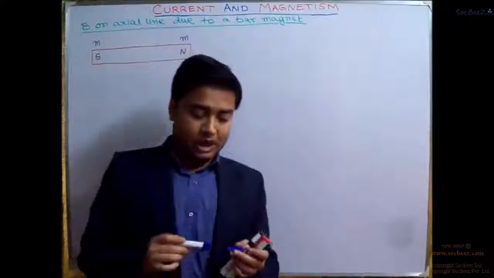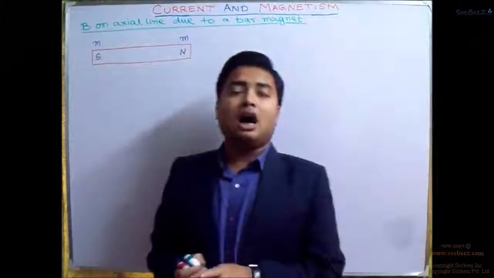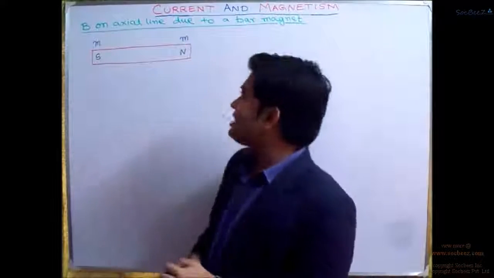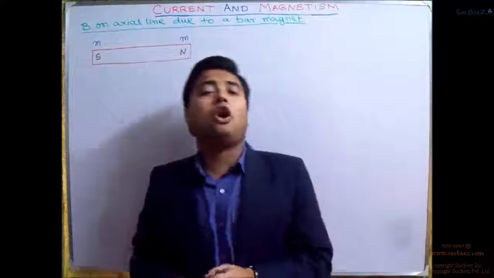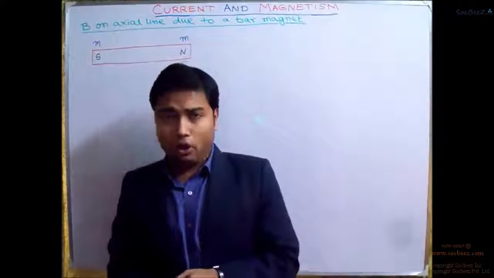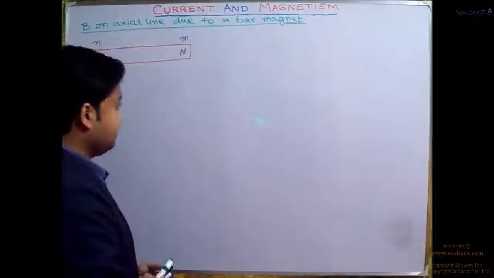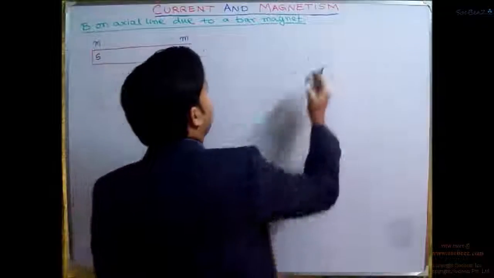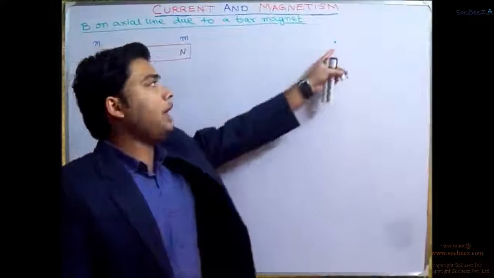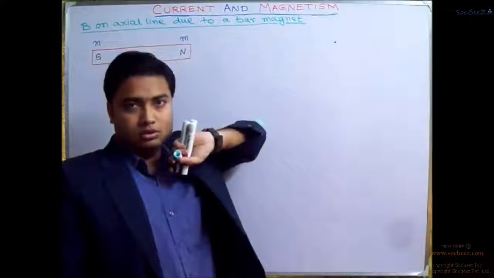Right? Now it may be noted that a bar magnet is basically like a magnetic dipole, because it has equal but opposite pole strength. Why opposite pole strength? Because say for example we keep a point over here, and say this is the North Pole, right?